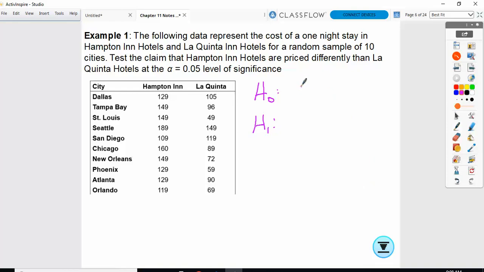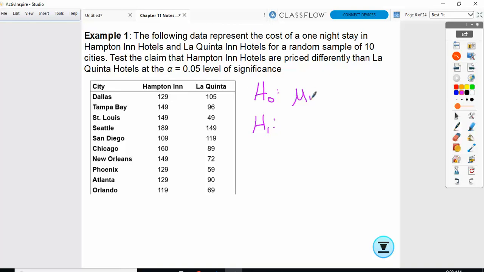The null. I just want to know if they're priced differently. I didn't specifically say if this was a mean or not, but my two options are really a mean or a proportion. We know if something's a proportion, it has to be a percent, right? These are clearly not percents, so we'll be looking at the mean. Why are these matched pairs data?